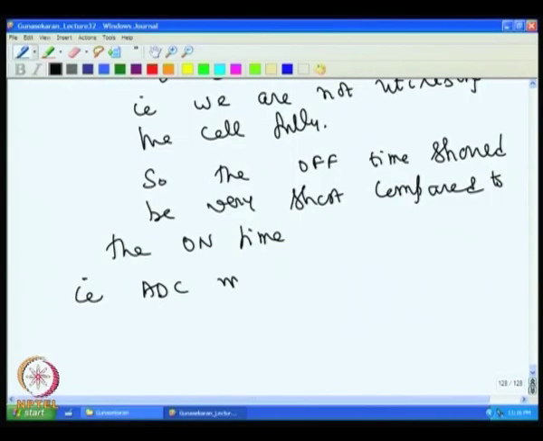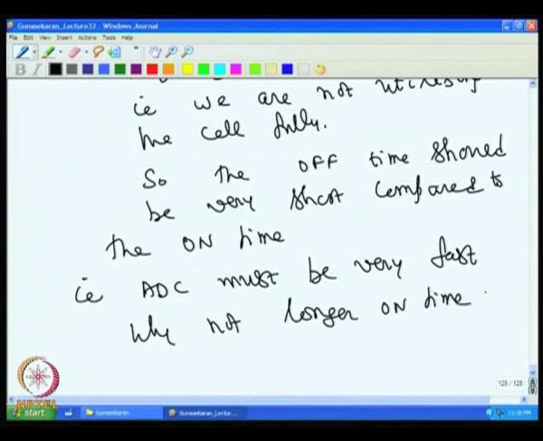That is why the ADC must be very fast. Of course, one may ask why not we keep longer on time. Longer on time can create a problem, because if the sunlight goes very rapidly and the voltage drops, then the battery will be discharging for a longer time. So, we should not give longer on time.